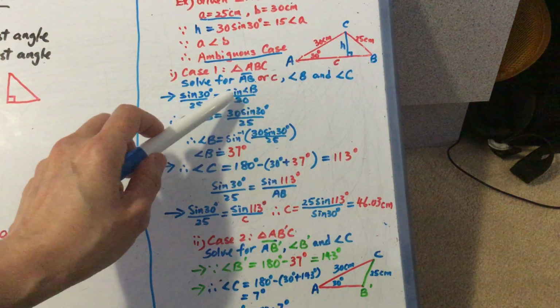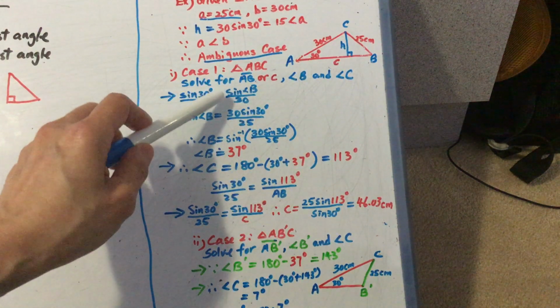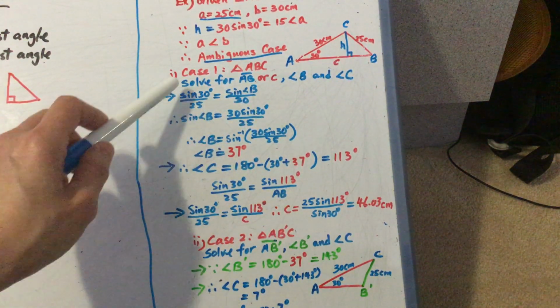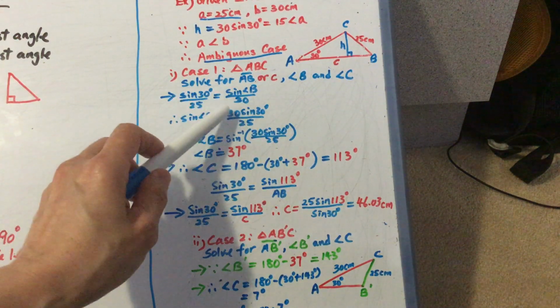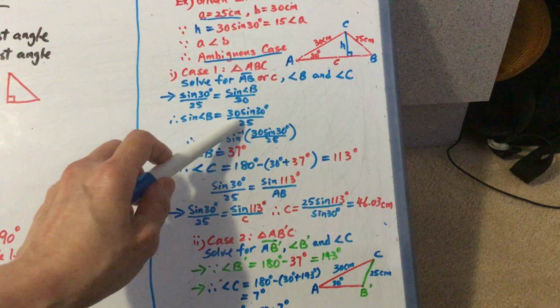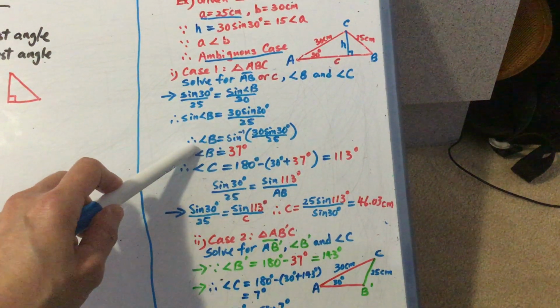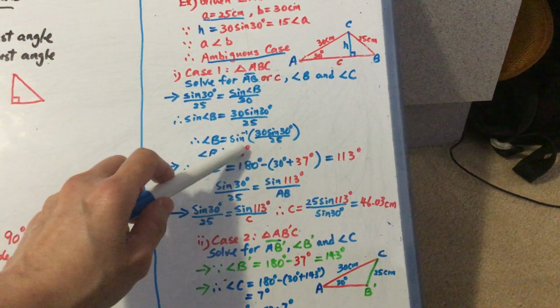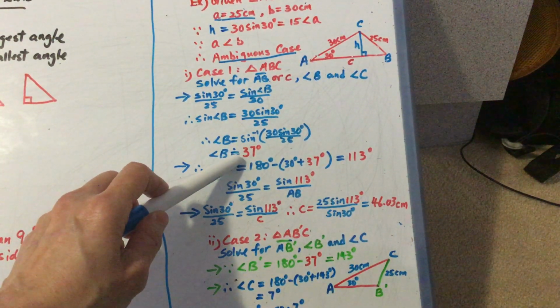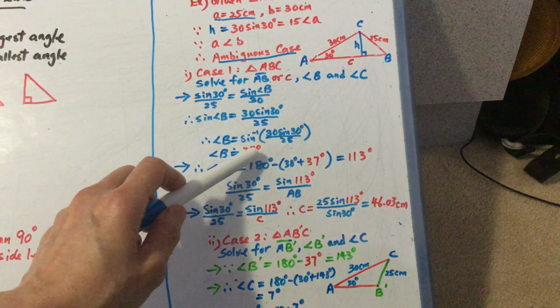So I must do this step first. When I solve for the sine of angle B, I cross multiply. So I take 30 times sine 30 and then divide by 25. Very quickly, when I do the inverse for the angle B, I can determine the angle B to be approximately equal to 37 degrees.